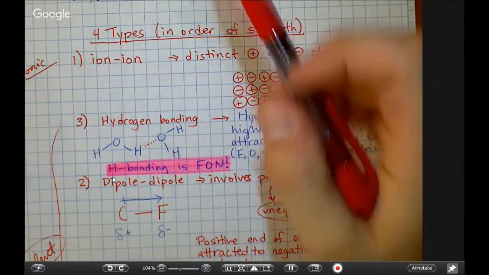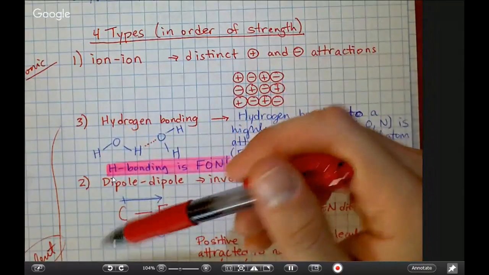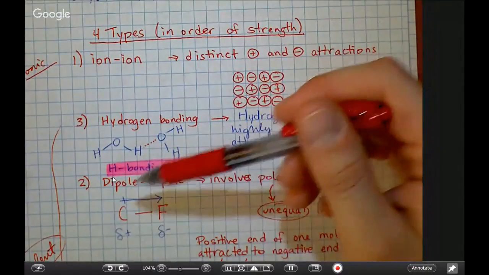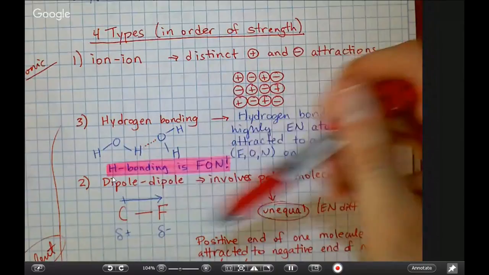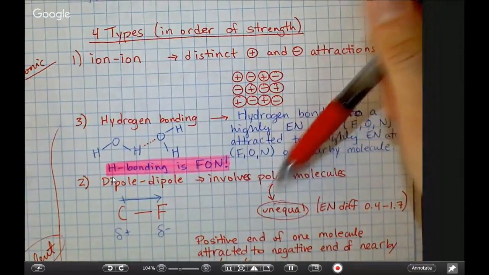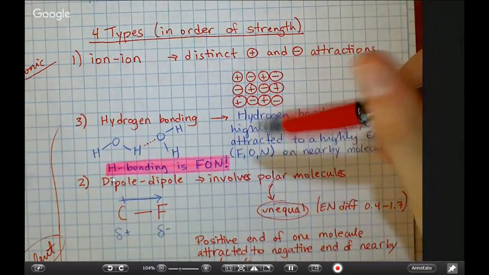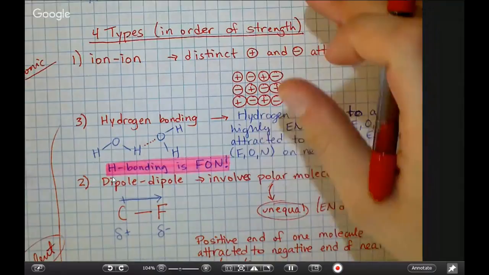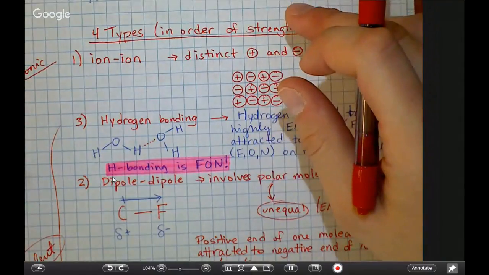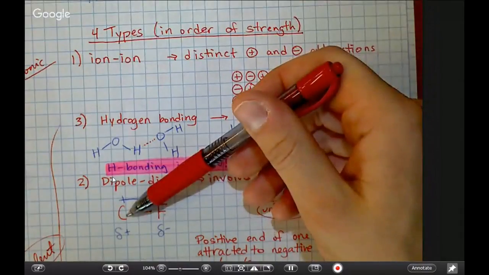And then we went down to dipole-dipole, which is for covalent molecules where the electrons are being shared between atoms. So it involves polar molecules, which we said was an unequal sharing of electrons based on electronegativity, but just the idea that you have 2 atoms, one is more electronegative than the other, like fluorine is much more electronegative than carbon.